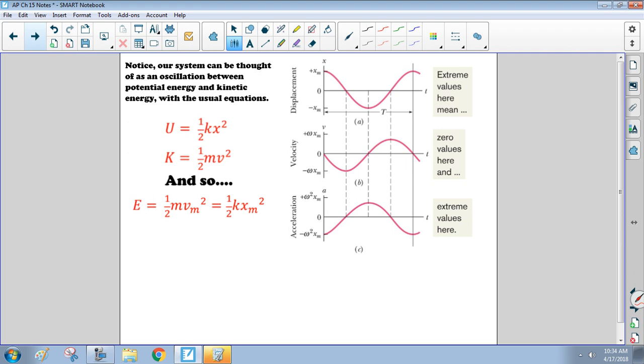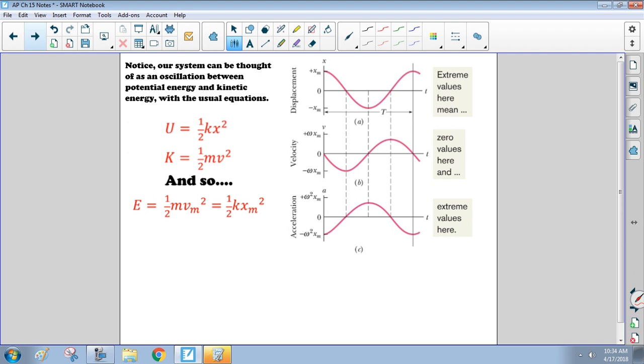And at any point in between, it's a combination of elastic, gravitational, and kinetic, because it's moving anywhere except those two endpoints. Most of, but not all of, the problems that you'll be looking at will be a little bit more simple, where you really only need to worry about elastic and kinetic energy. Cool? All right.